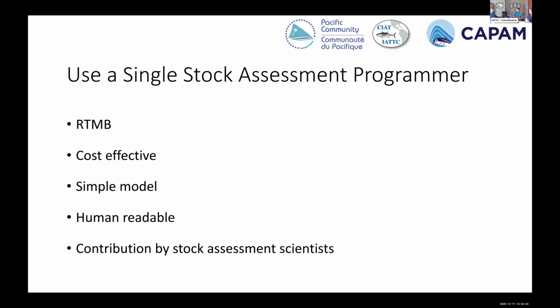Using a single stock assessment programmer, partly because we're going to be programming in RTMB, and so most people that know RTMB are probably assessment people. Again, it's cost effective. We don't have to pay $1 billion to a good programmer to do it. We can pay $5 to a stock assessment programmer.